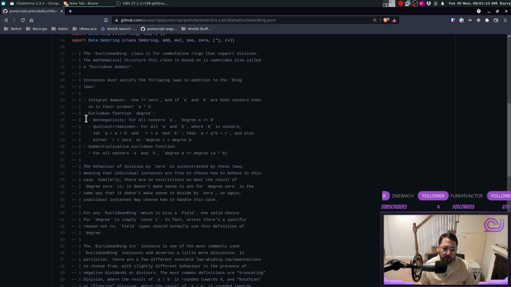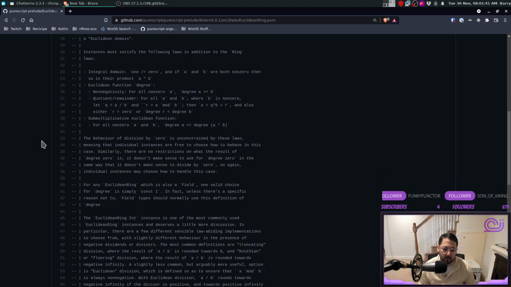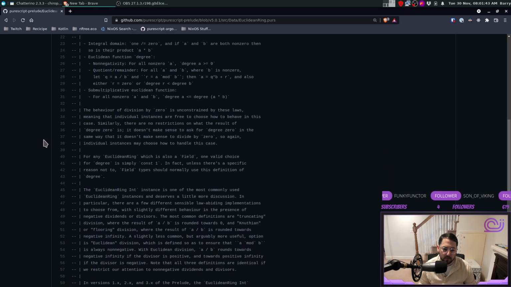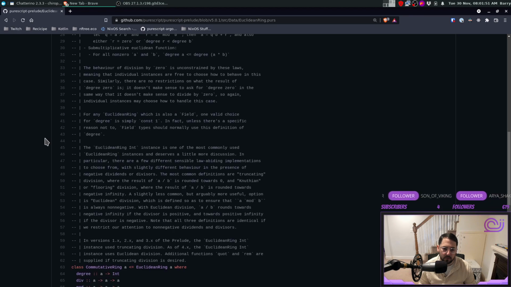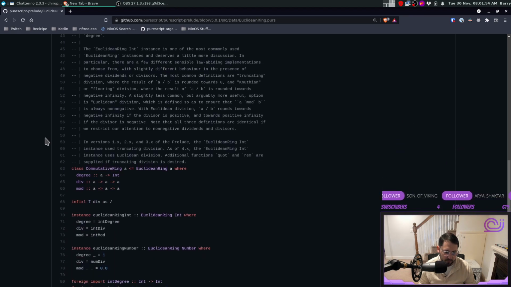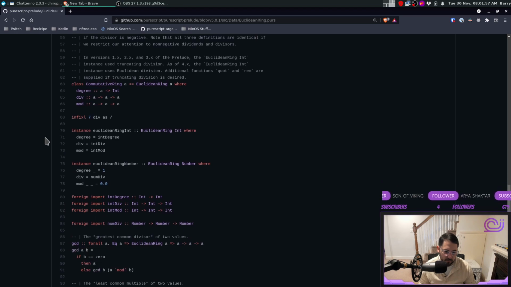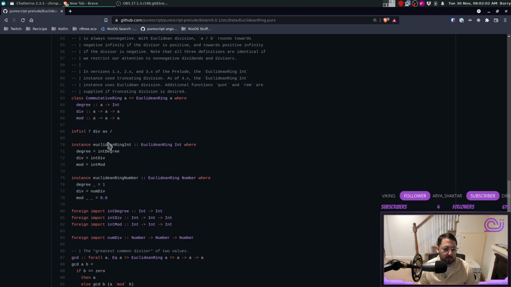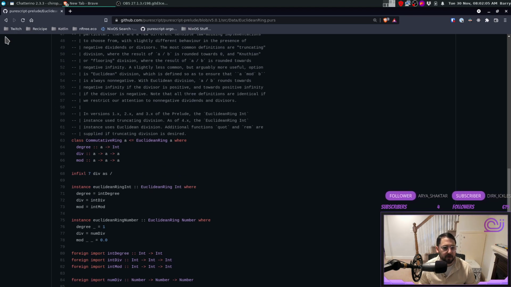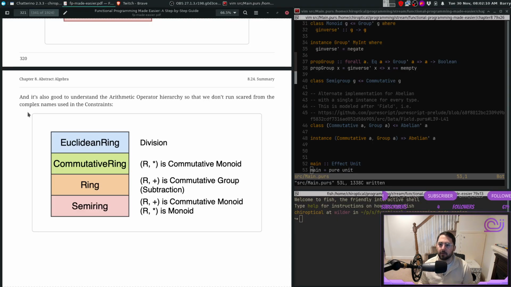For all non-zero a, degree is greater than or equal to 0. I don't know what this int degree thing is doing or what its purpose is offhand, but okay. There you go, Euclidean ring.